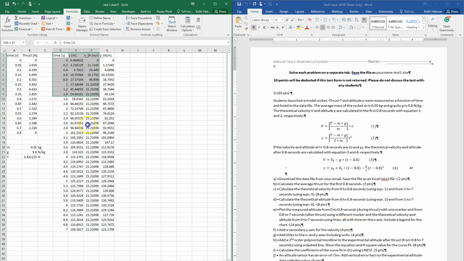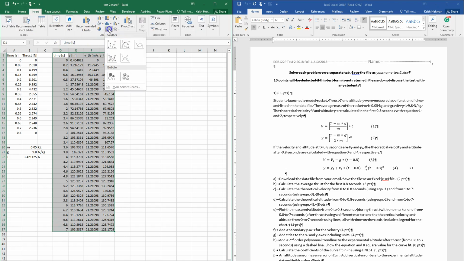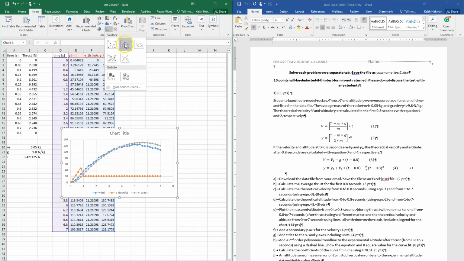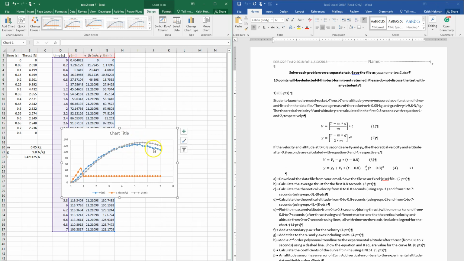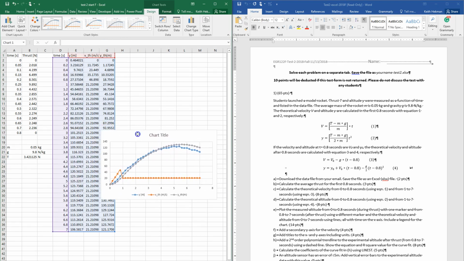So this is what we want to plot, and we can go markers and lines.